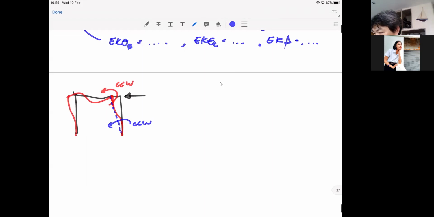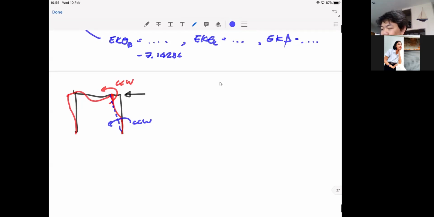When I solve, I get EK zeta B equal to minus 7.14286. And again, if you have a problem with rounding off the numbers, you can use maybe 4 or 5 decimals. But I'm showing you here because this is the number that, if you use it, you will probably get the proper moment out.